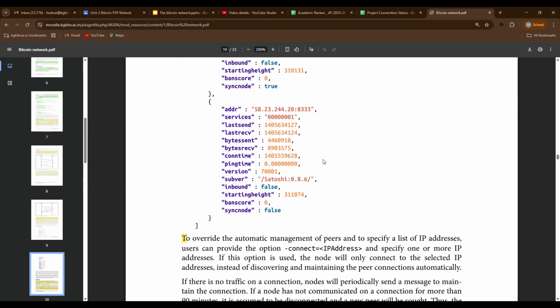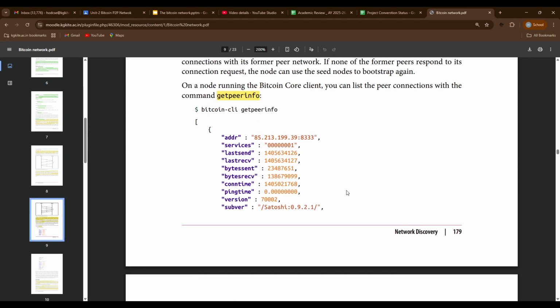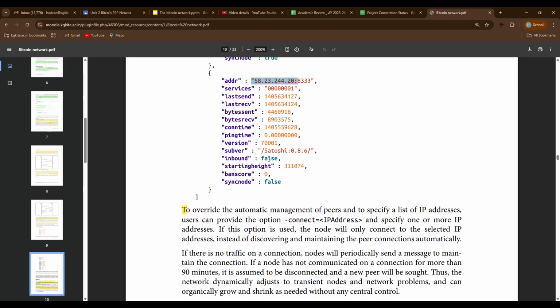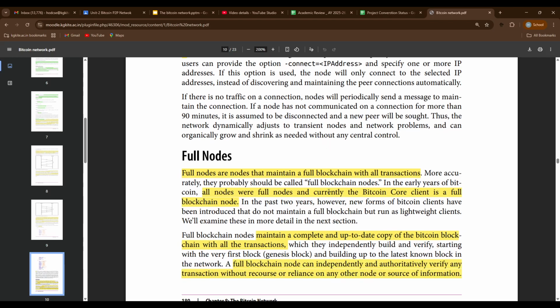So this is what has been written. So here you can see there are 2 addresses, 85.2.13, 199.39, 58.23, 244.20. See, there are 2. So this is how it starts building itself a very good network among the peers.